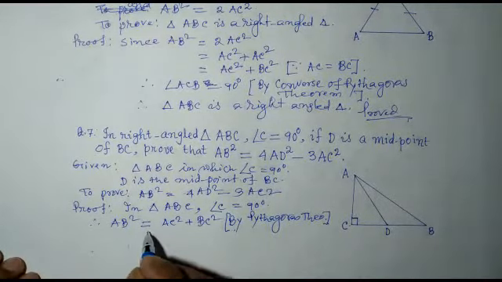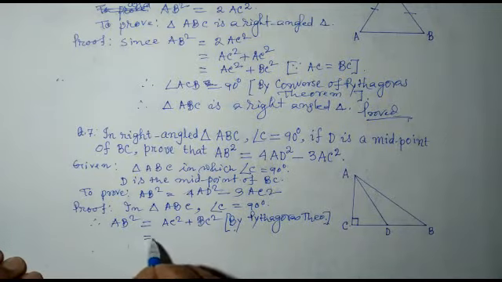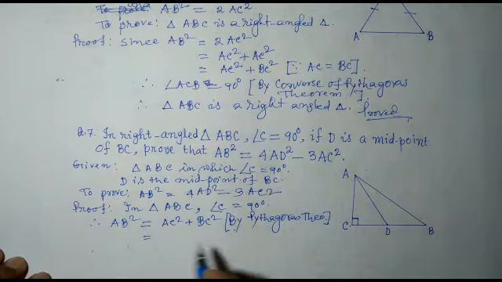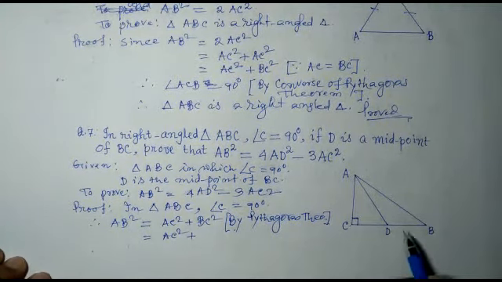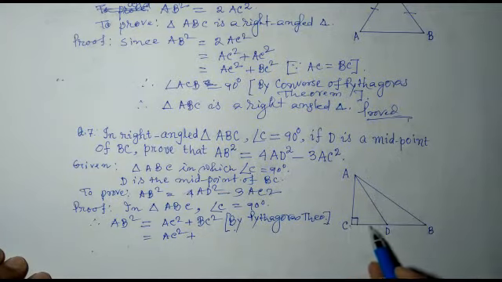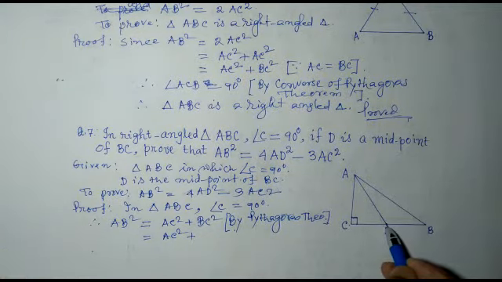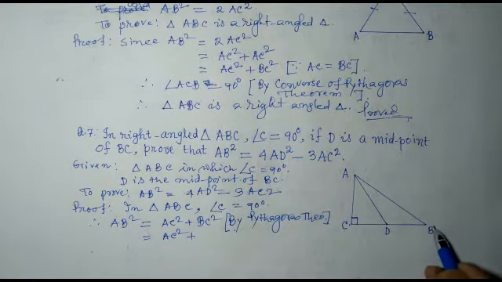Then it is equal to AC square plus, look, this BC square. This D is the midpoint of BC. So we can say this CD is half of BC.